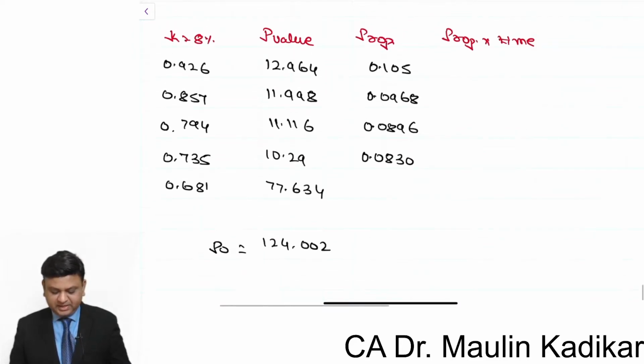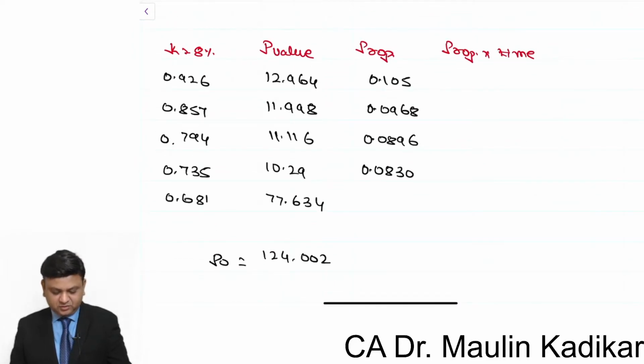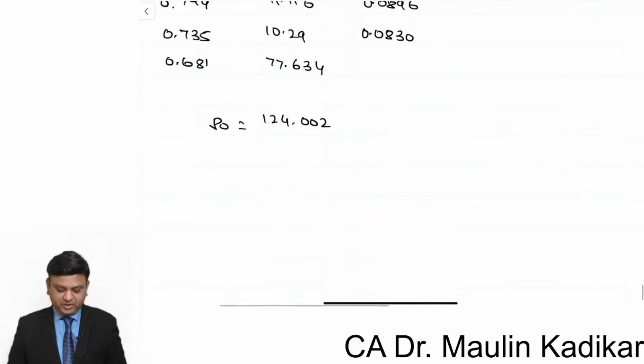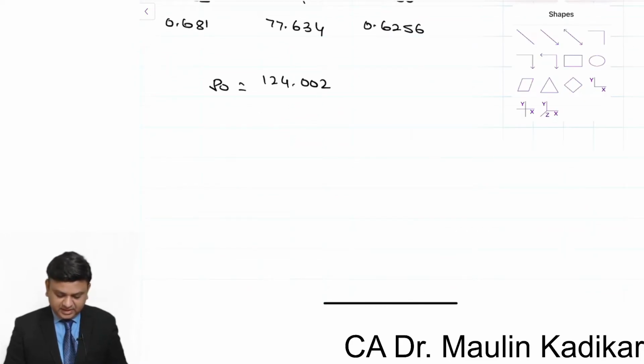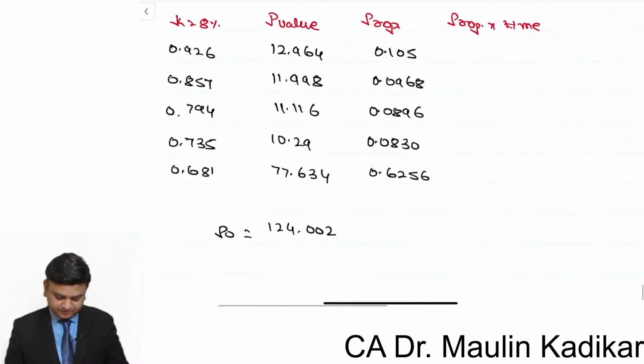The last one will be kept as the balancing figure. 0.105 plus 0.0968 plus 0.0896 plus 0.083, all subtracted from 1, gives 0.6256. Let us verify: 77.634 divided by 124.002 is 0.6260.